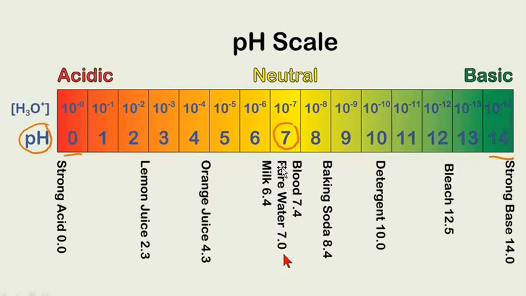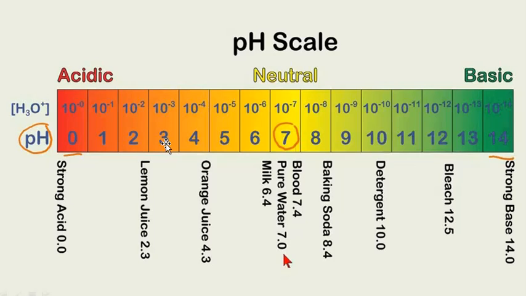Okay, if I take two solutions, solution A has a pH of 2 and solution B has a pH of 3, and if I ask you which one will be more acidic in nature? If you compare the two solutions A and B, A will be more acidic than B because the pH of A is 2 and the pH of B is 3.